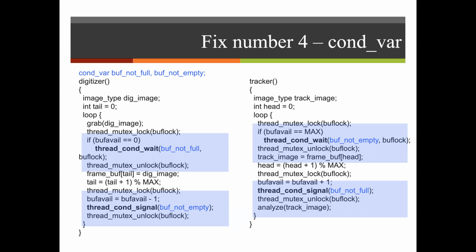So each thread will perform its operation while holding the mutual exclusion lock. So what we want to do is ensure that the appropriate condition holds true so that we don't have any miscalculations in our program.